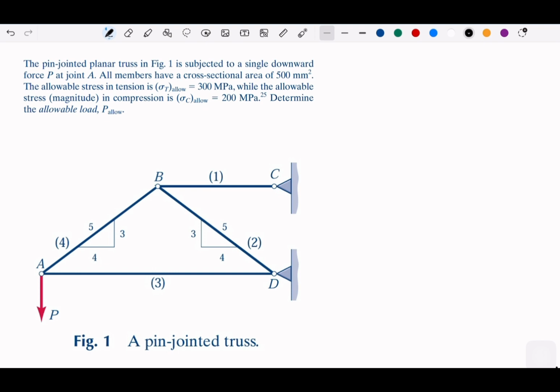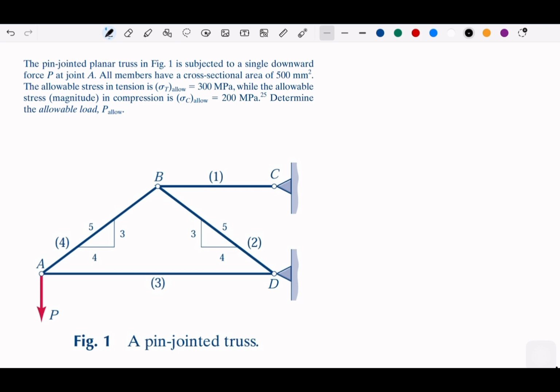In tension it is 300 megapascal, and allowable stress in compression is going to be 200 megapascal. And it's asking how much P we should exert given the allowable stress for tension and compression. So we've been given all the conditions.